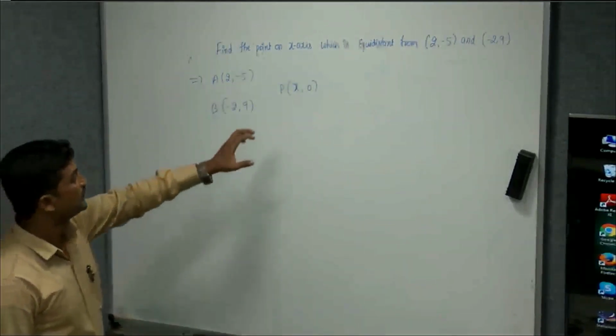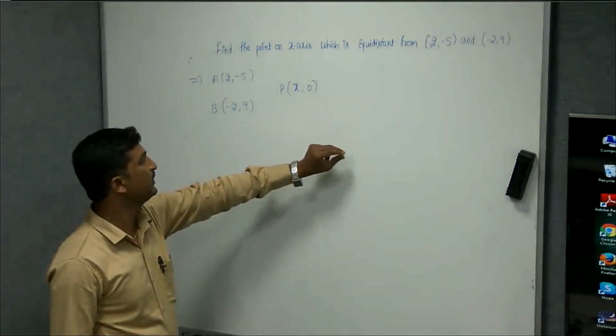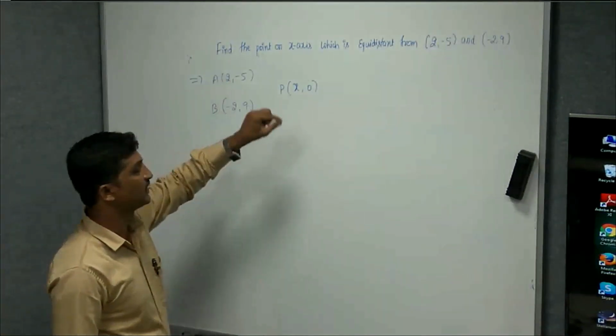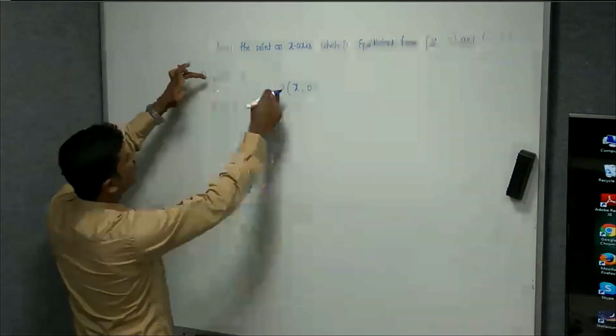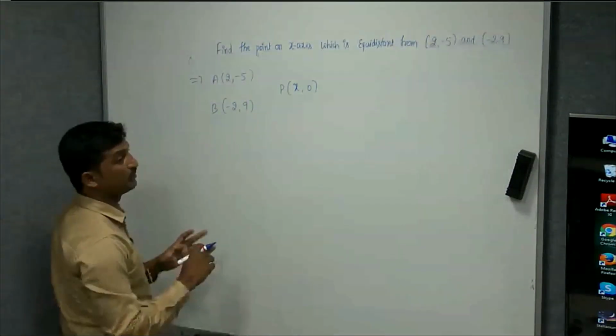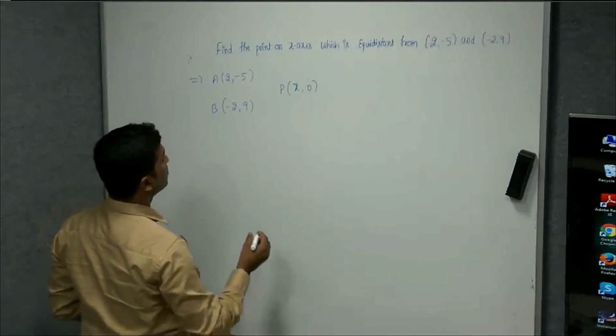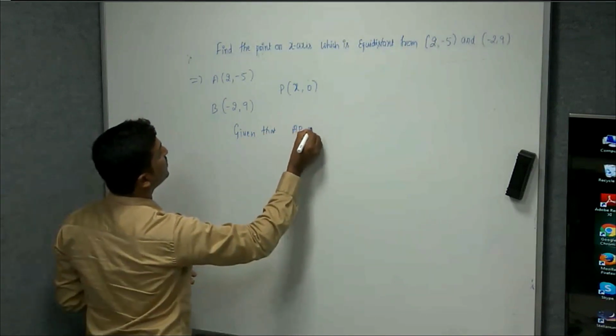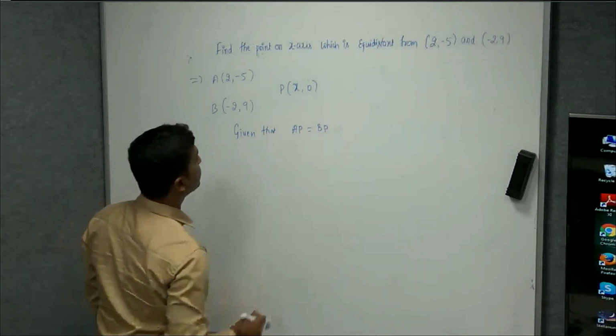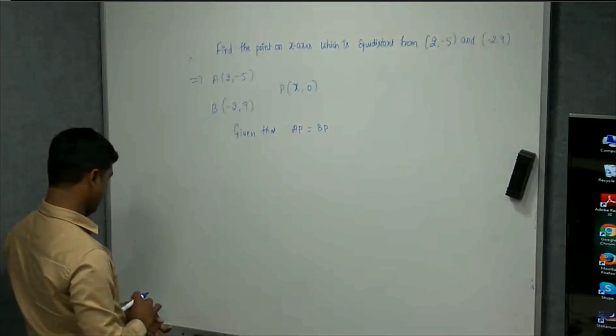Right? So this is a point on x-axis from which these 2 points are equidistant. Now we need to calculate the distance AP and the distance BP. Both are equal. Given that AP is equal to BP, right? So these two are equal.